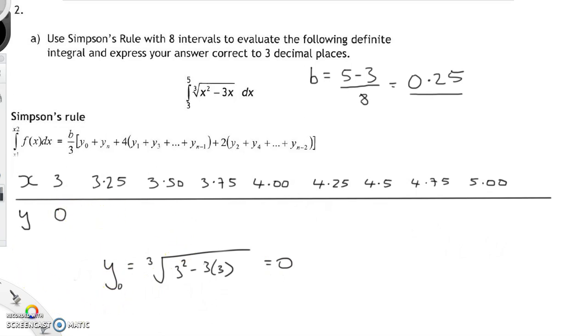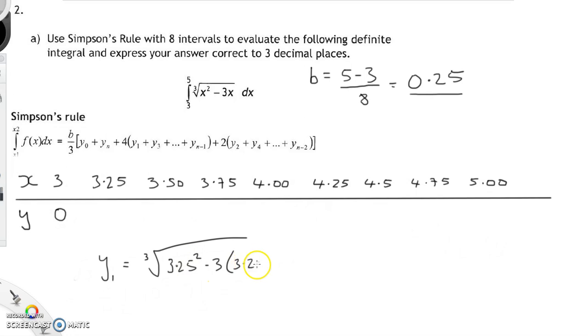Our next y value, we're going to work out in a similar way. That's going to be y1, y sub 1, worked out with the same function, the cube root. This time our x is going to be 3.25, so 3.25 squared minus 3 times 3.25.